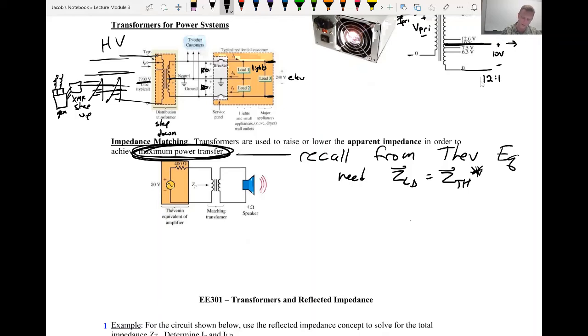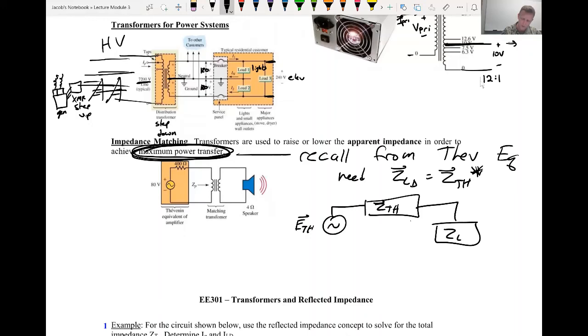What do I mean by that? Here's my Thevenin equivalent circuit with a Z Thevenin and an E Thevenin. And then I have my Thevenin load, Z load. And so if I wanted to achieve maximum power in the circuit, then I need to adjust this, right? I need to change this.